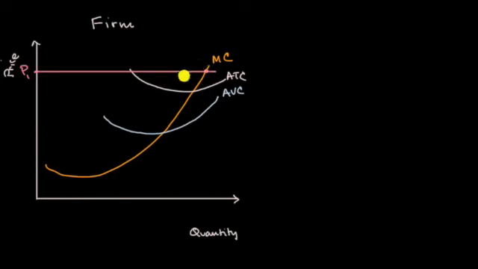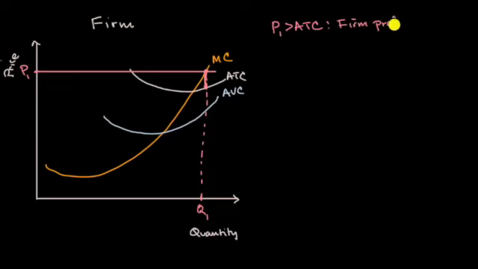So in this situation, at P sub 1, the firm would produce Q sub 1, and this is a good situation for the firm because the price that it's getting is higher than its average total cost, and so there is going to be a nice amount of profit for this firm. The profit is going to be the price minus the average total cost at that quantity times the actual quantity. So because P1 is greater than the average total cost, we have a situation where the firm is profitable.